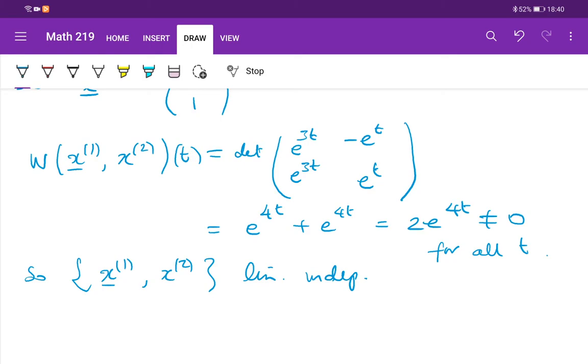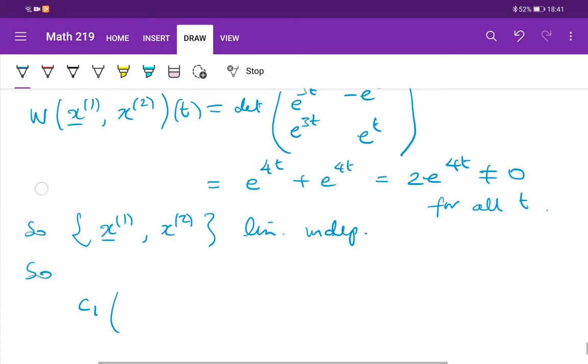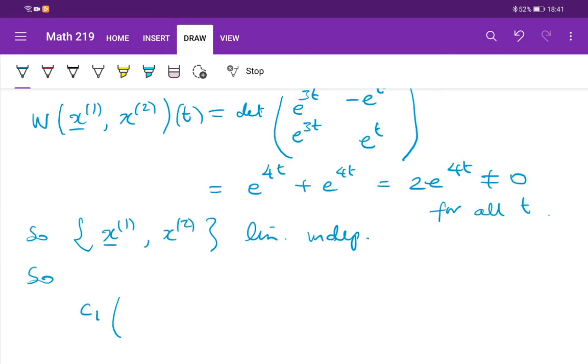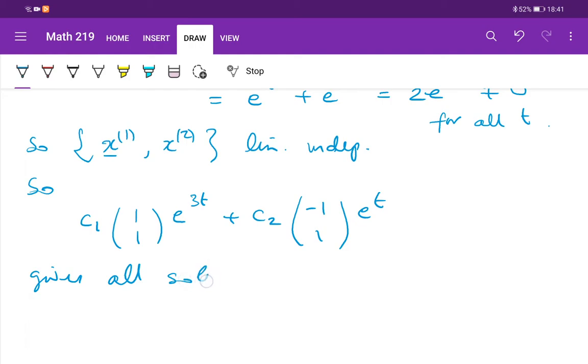Okay, A is 2 by 2. We know it has a basis of two linearly independent solutions. x1 and x2 are linearly independent solutions. And so C1 x1, which was (1, 1) e to the 3t, plus C2 (minus 1, 1) e to the t gives all solutions, varying C1 and C2.